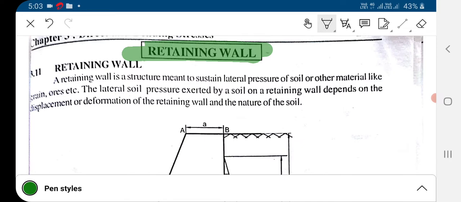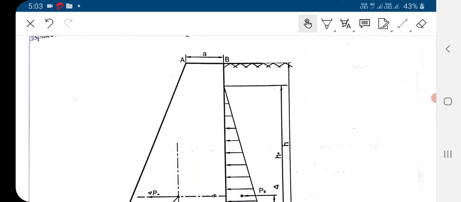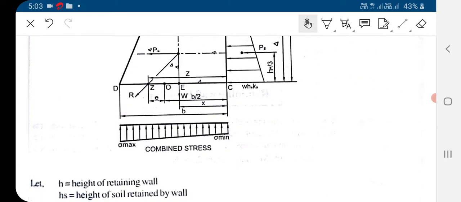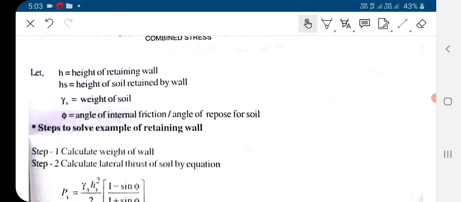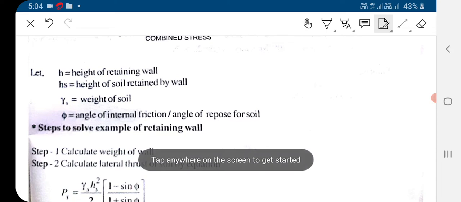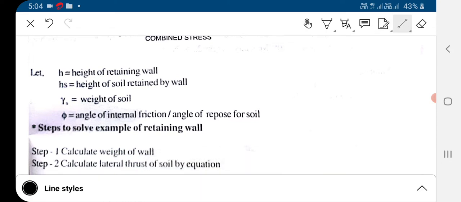Generally the students are confusing about two walls, one is the retaining wall, and one is the breast wall. So I would like to clear your doubt regarding these two points first.